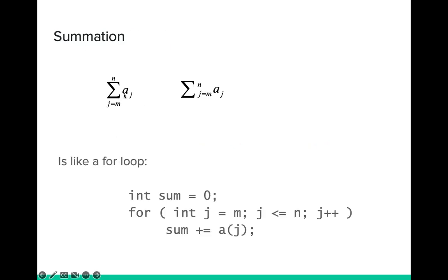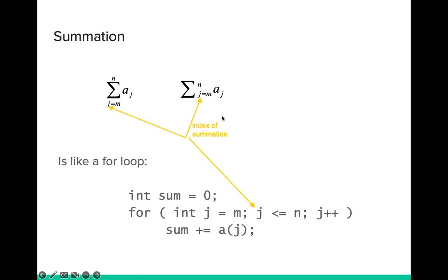Some other examples: we have the summation from j equals m, so m is the lower limit, to n of a sub j. Or actually we can rewrite it in this way. Whichever is more convenient for you.